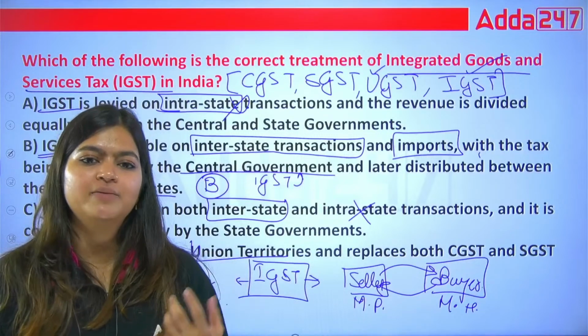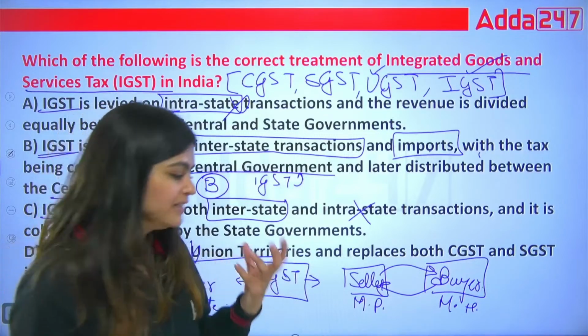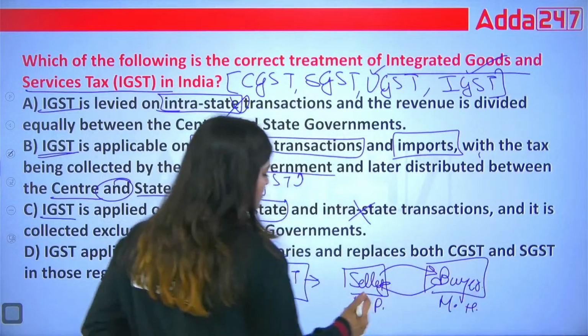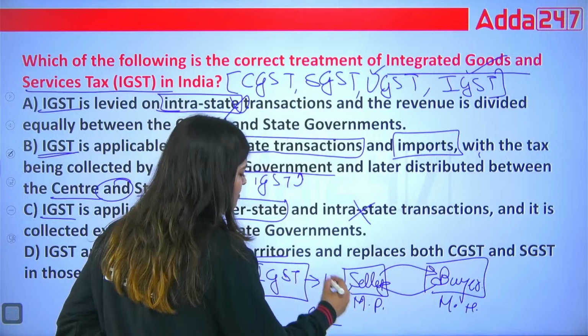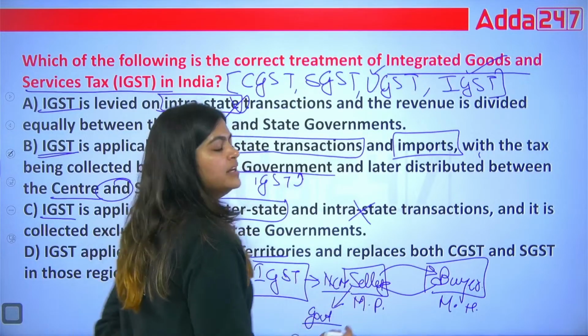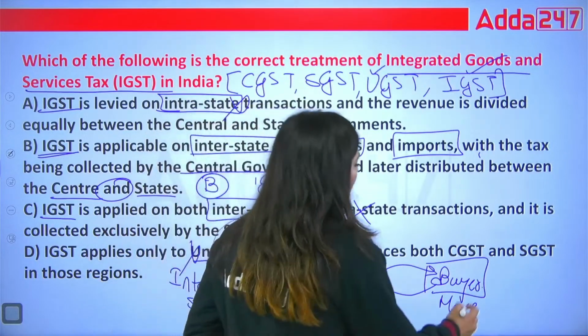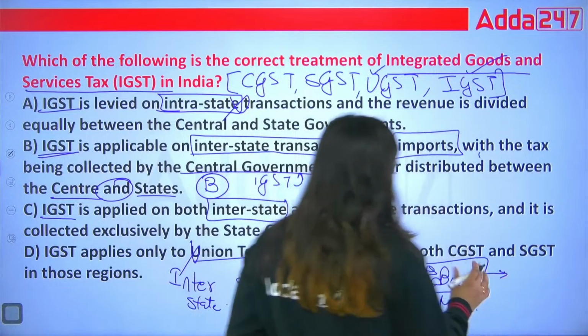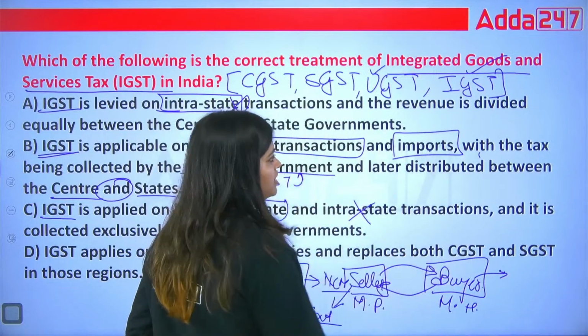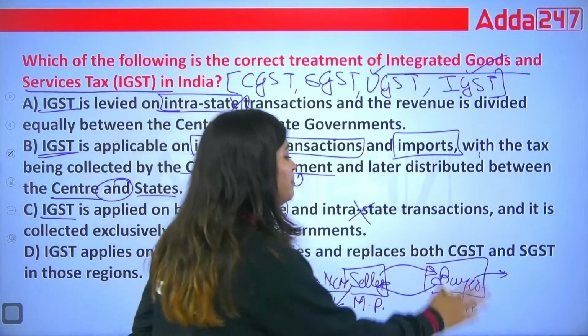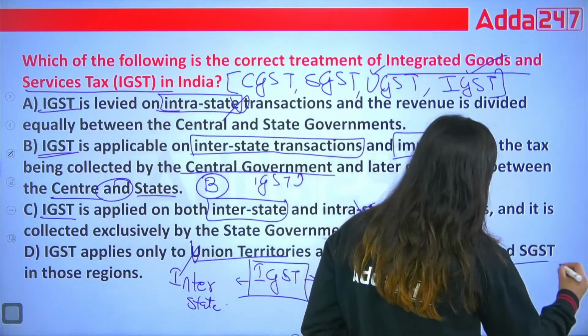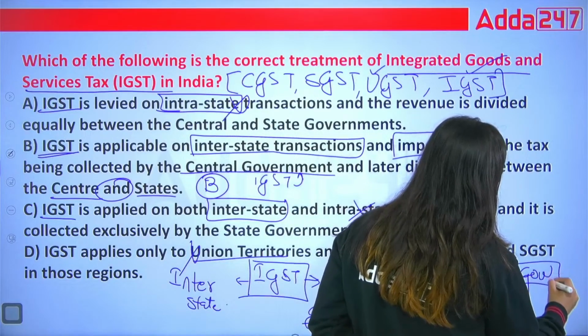When your seller is paying the GST amount to the government, this is your normal supply, your normal charge mechanism. But now this is a second transaction in which the seller is not paying anything to the government. Now your buyer is paying to the government.